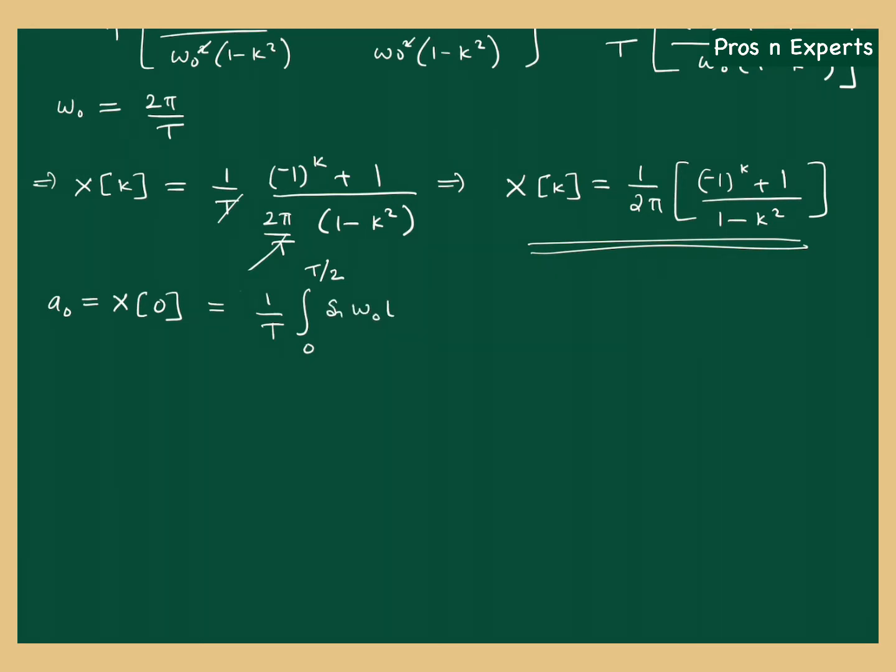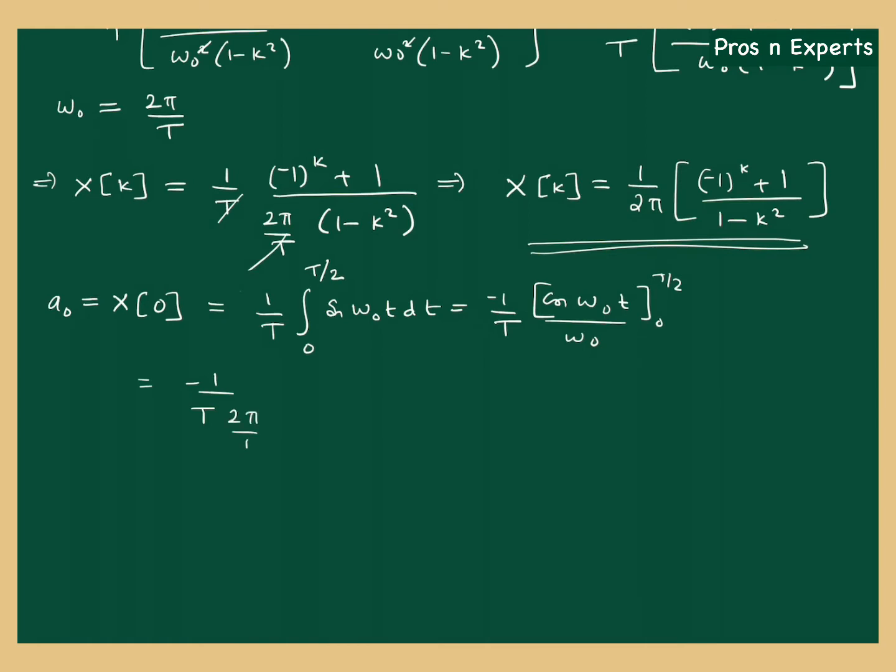X of t is sine omega 0 t dt. Now obtaining this integral, integral sine omega 0 t dt is minus cos omega 0 t by omega 0 within the limits 0 to T by 2. So this is minus 1 by T into, what is omega 0 actually?